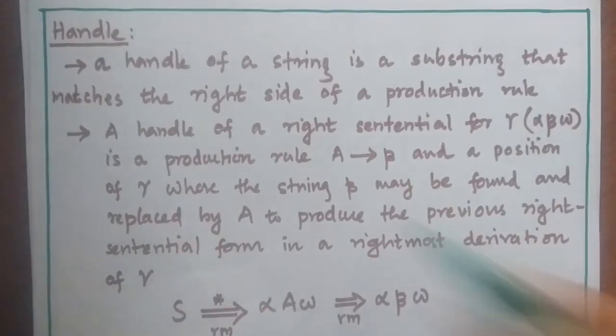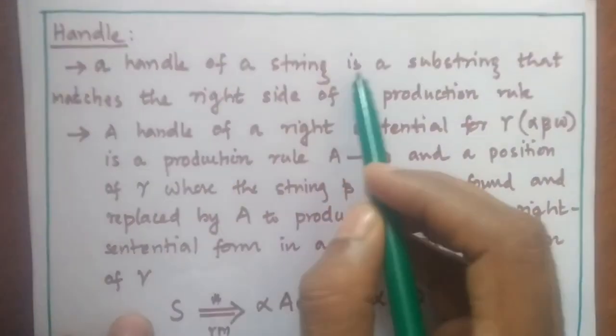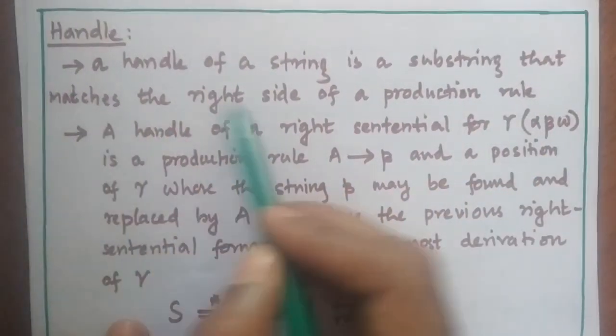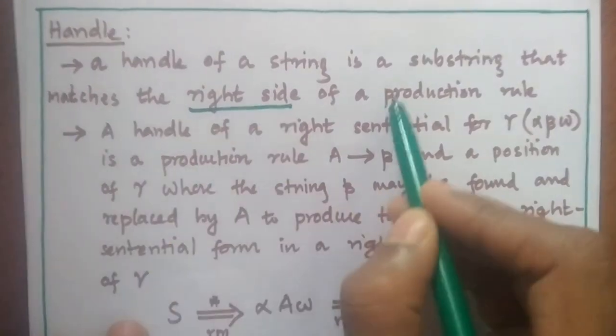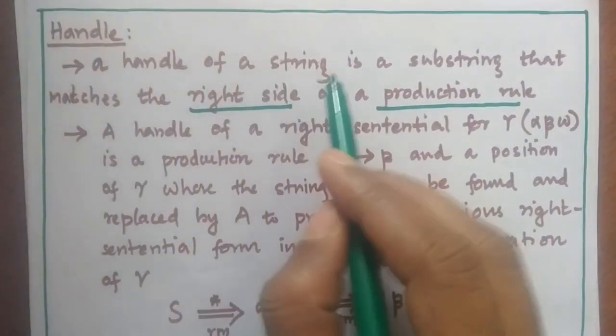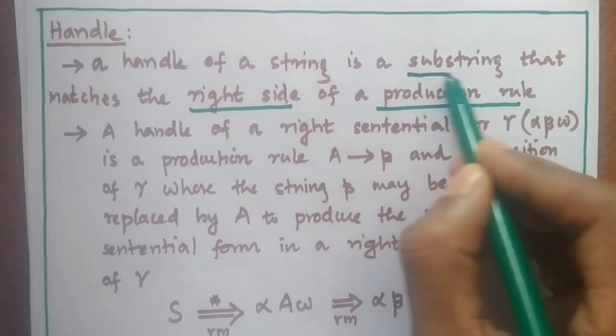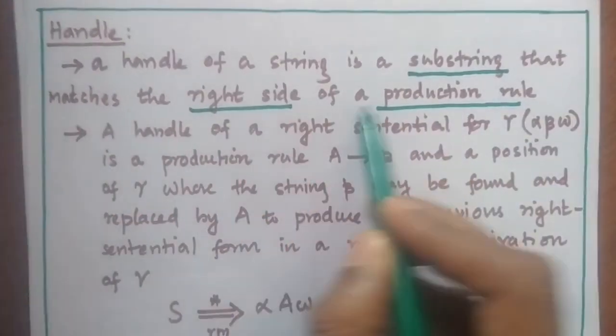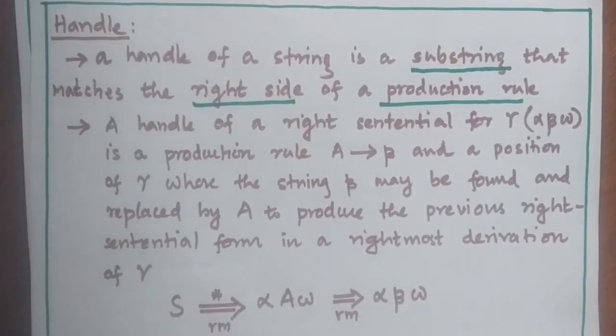A handle of a string is a substring that matches the right side of a production rule. That is very important.